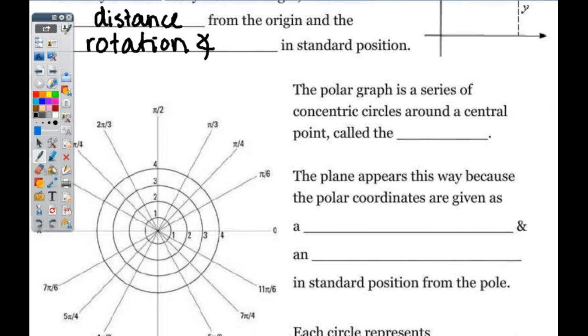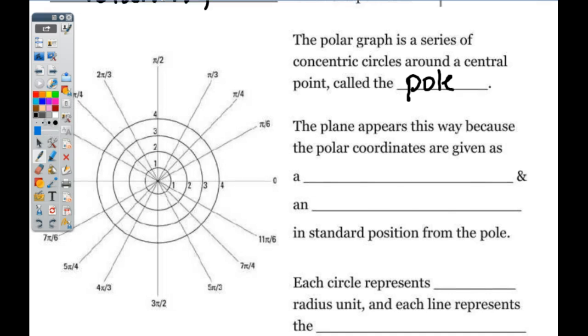So for the polar graph, the center point is called the pole. That's like the origin, okay? So this right here is what we call the pole, right in the middle. So the plane appears this way because the polar coordinates are given as a radius, r, and an angle, which we're going to call theta.